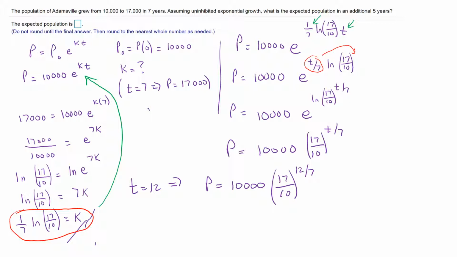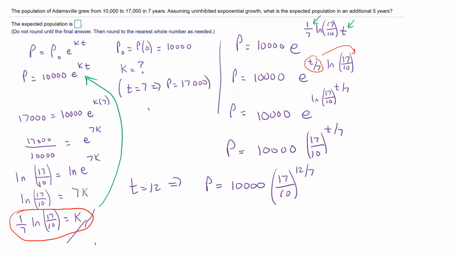This is the place where I now need to pick up my calculator and utilize the order of operations. I need to figure out what 17/10 raised to the 12/7 power is first. Depending on what type of calculator you're using, the order in which you hit buttons might vary a bit. I'm using a Texas Instruments calculator, so I hit parentheses, then 17 divided by 10, and close the parentheses.